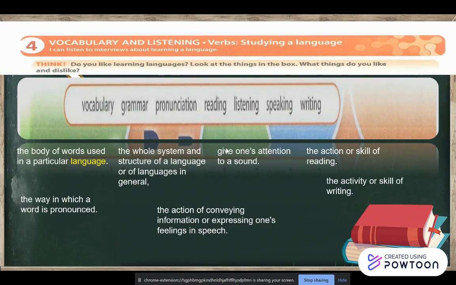You have to know your vocabulary. You have to know what is grammar. You need to have a good pronunciation. You need to be able to read so that you know what is that language. You need to have listening skills, speaking, and writing.